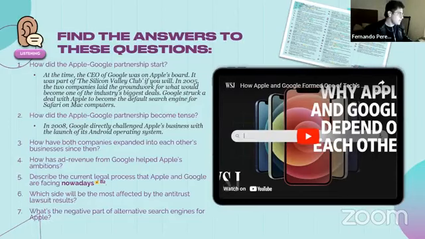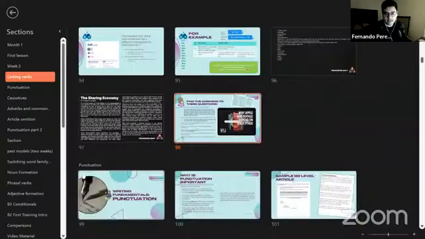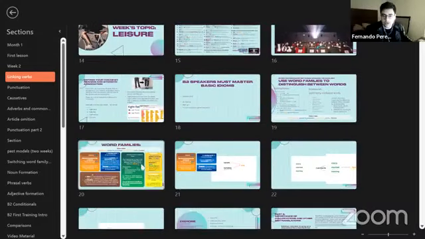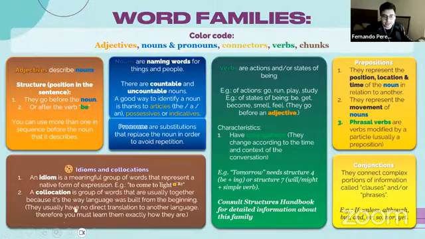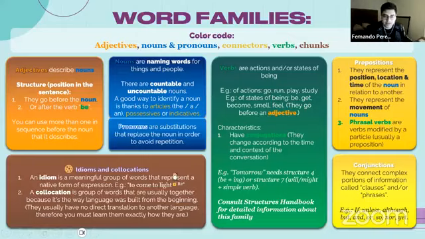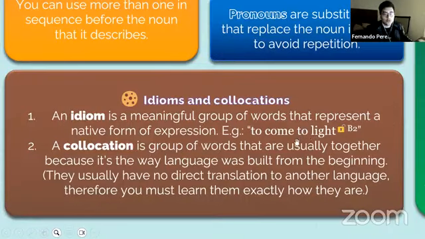Okay, we're going to go through one of the most important things that we are going to study the whole course. I'm going to insist on the collocation sections, the idioms and collocation sections. When connectors are necessary, they usually go together.